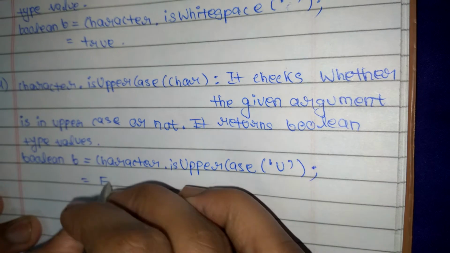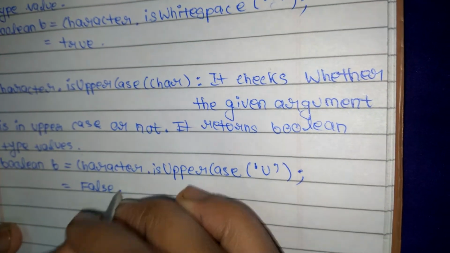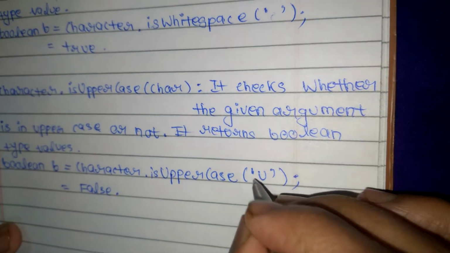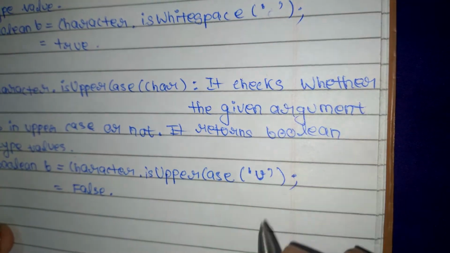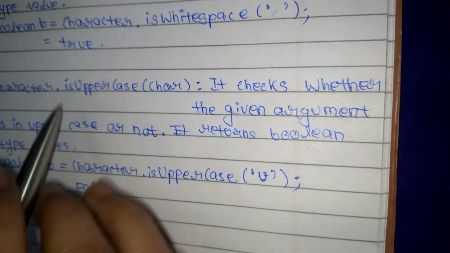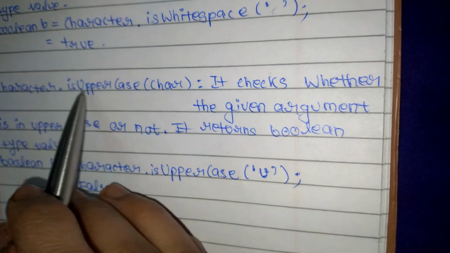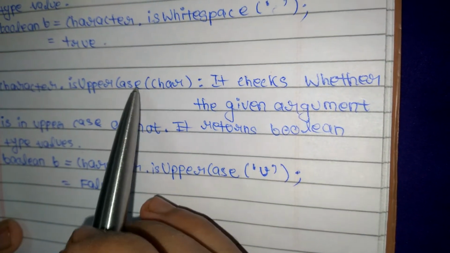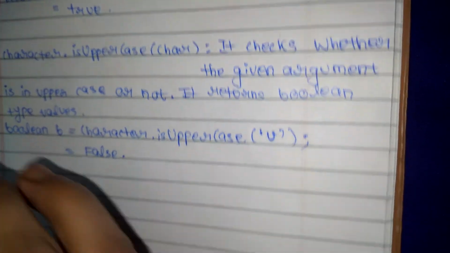Now it will return false. It is a small u. As it is a small u and it is checking whether a letter is in uppercase or not, it would give you false.